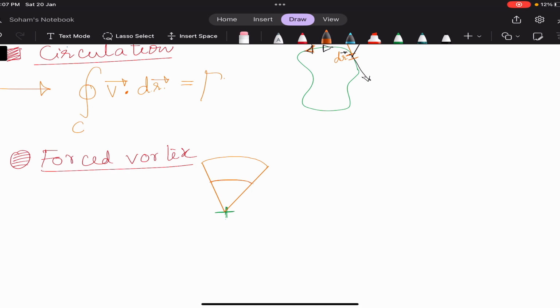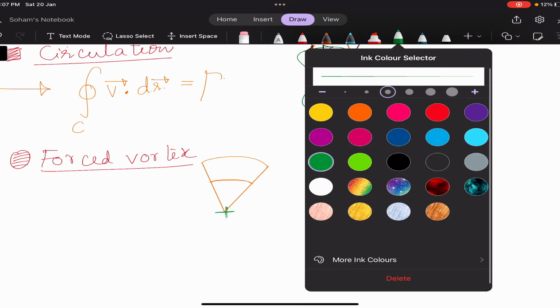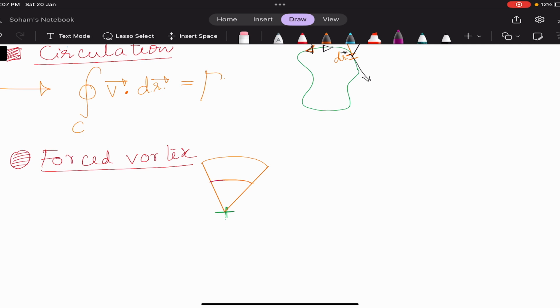Let me highlight it with another color. So this is my contour. The center is O, and these are A, B, C and D, and I am traversing in this direction.